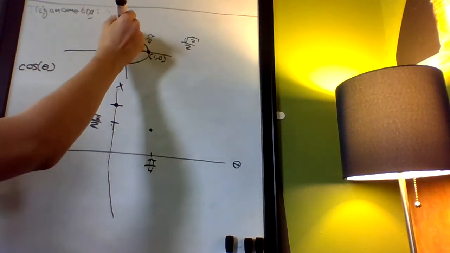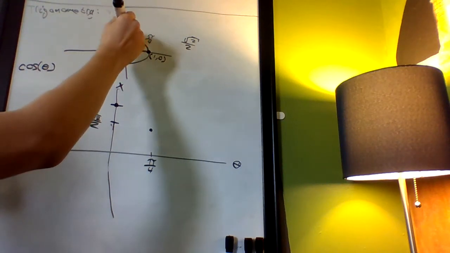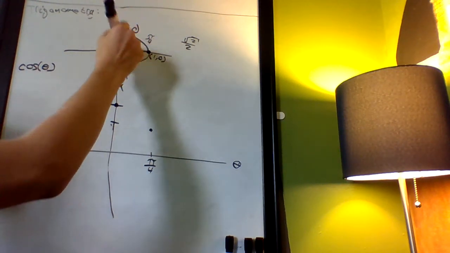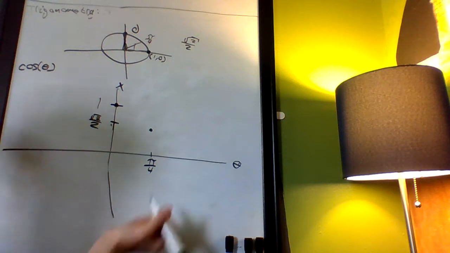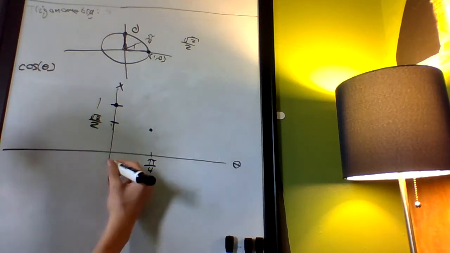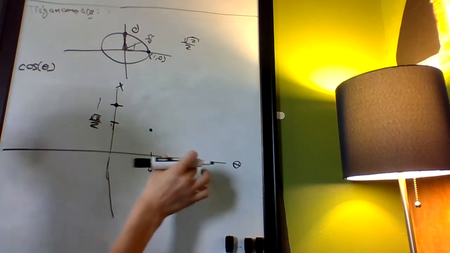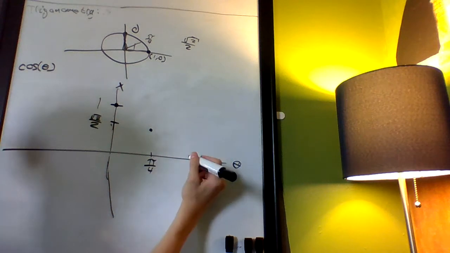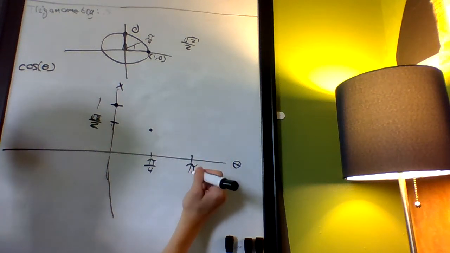The x-coordinate there is 0, obviously, because look at that. It goes down onto 0. So doubling this distance, pi on 2, it's going to be 0.